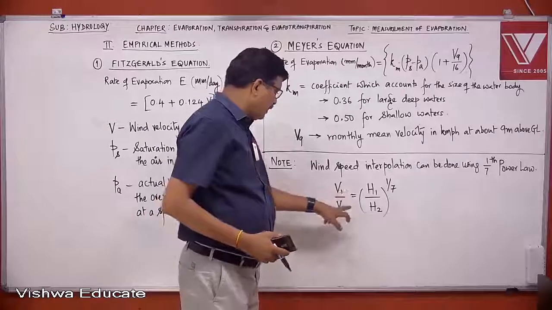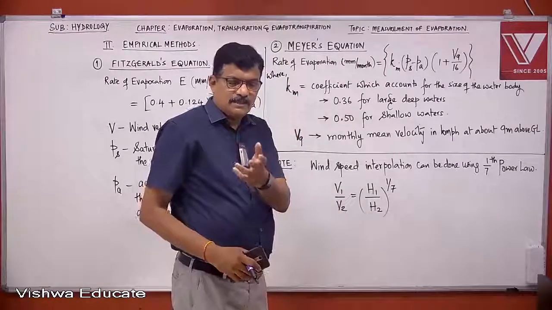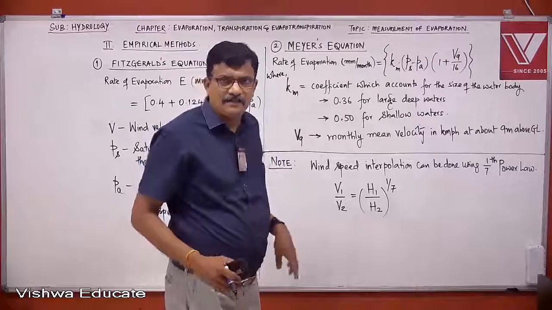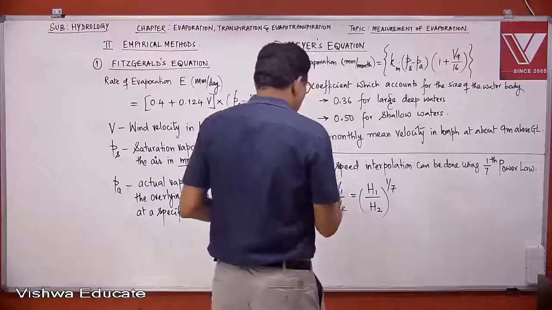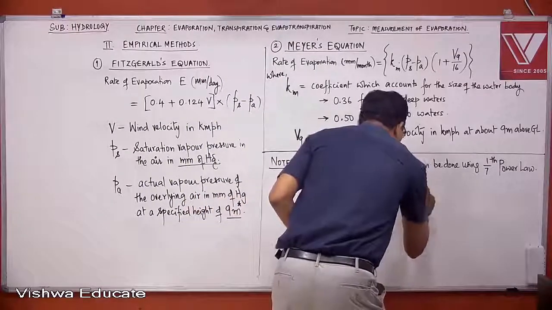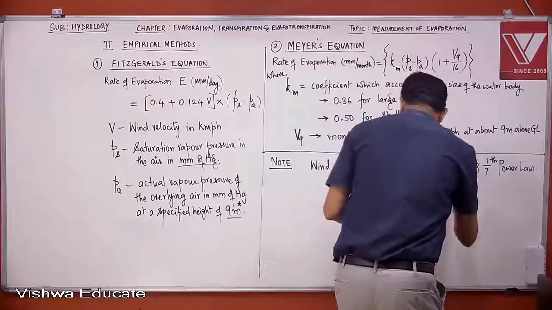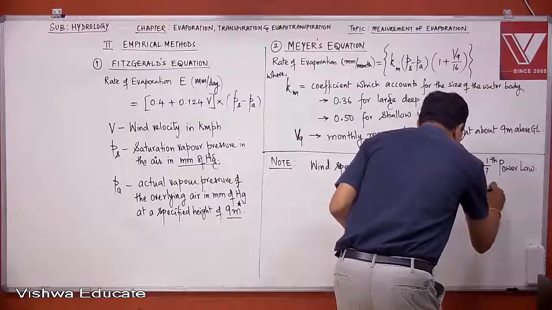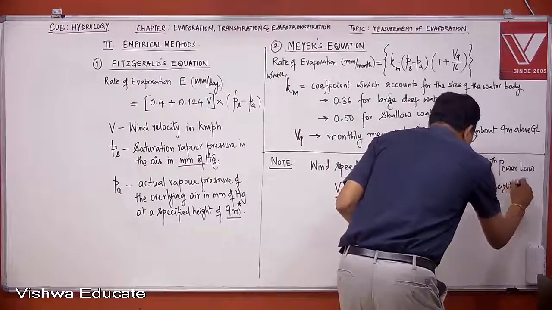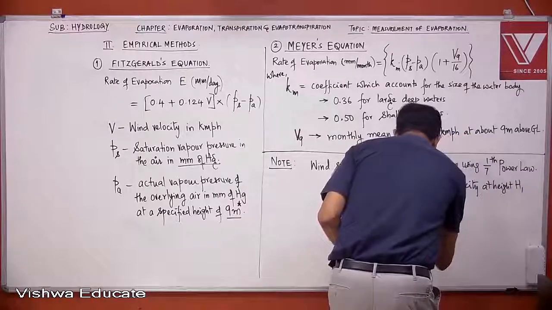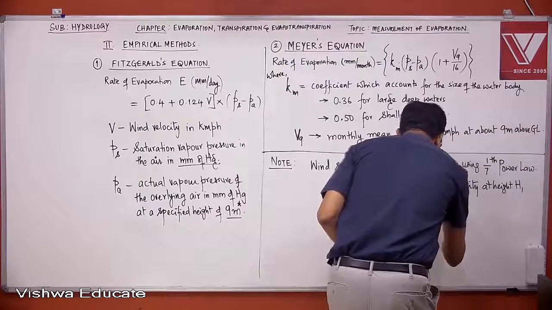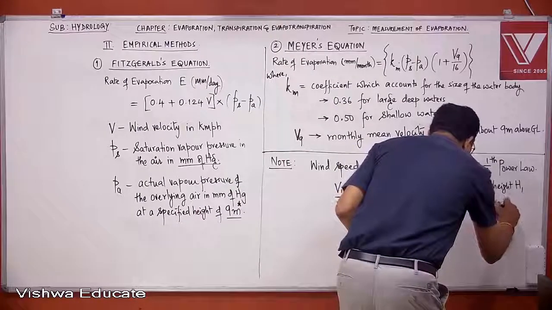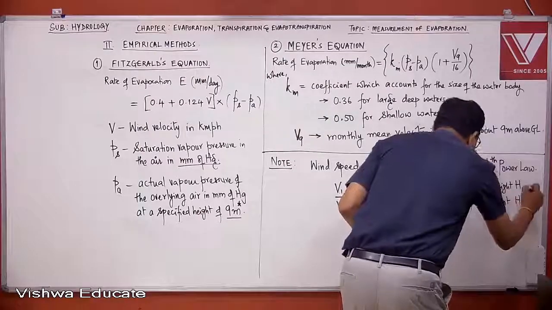This 1 and 2 are nothing but the wind velocities at two different levels, at two different heights. So here V1 is wind velocity at height h1, whereas V2 is the wind velocity at height h2.